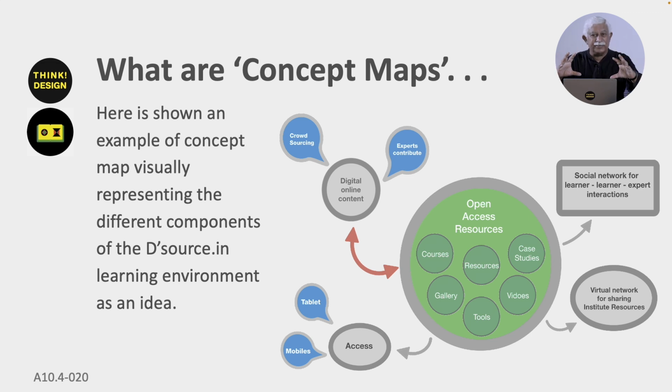If I show this diagram, this was the final idea of what we put in place for DSource, and at one glance you can see what DSource does. So, it becomes very useful to depict and represent DSource and its interconnectedness. This is what we call a concept map. We will show more examples later on.